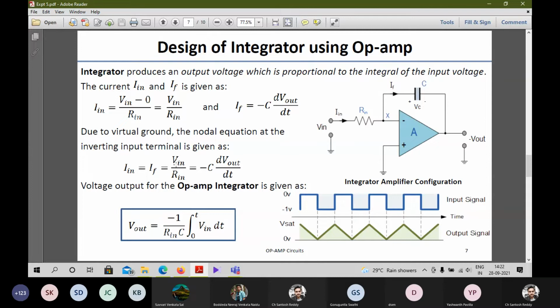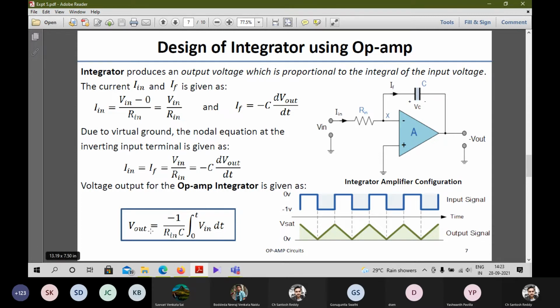So Vin by Rin equals minus C dVout by dt. Rearranging, Vout equals minus 1 by RinC times the integral from 0 to t of Vin dt.